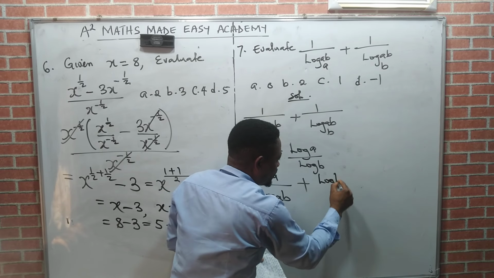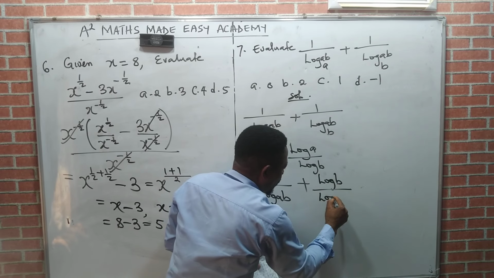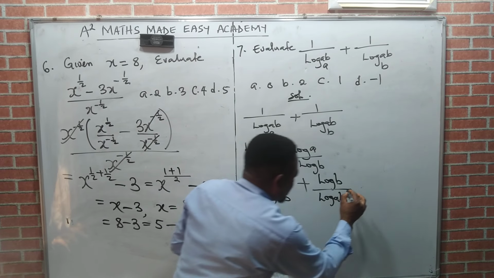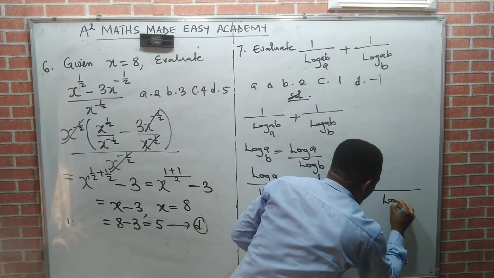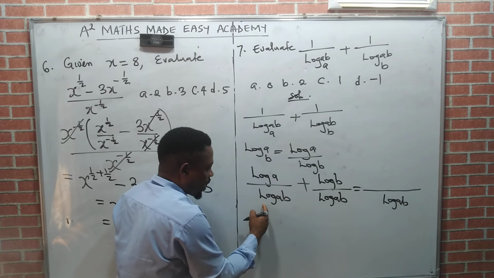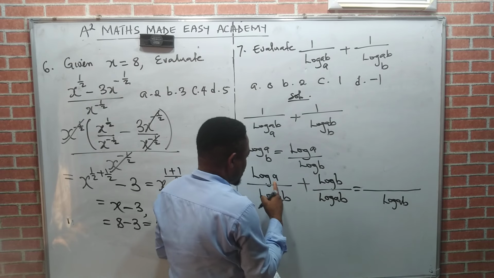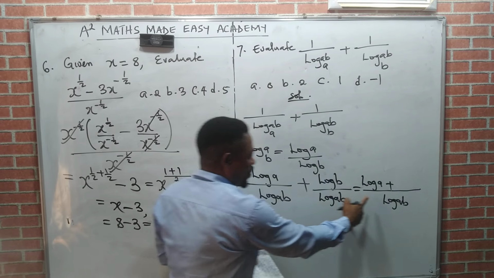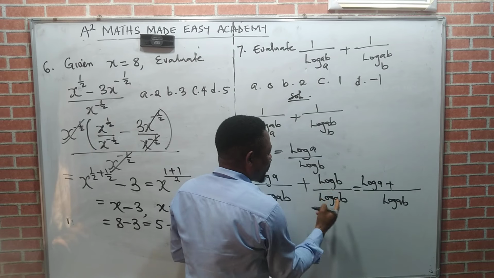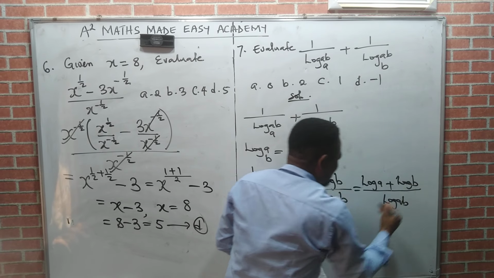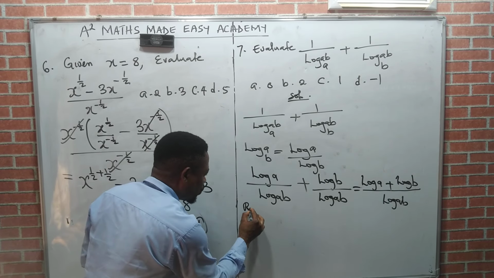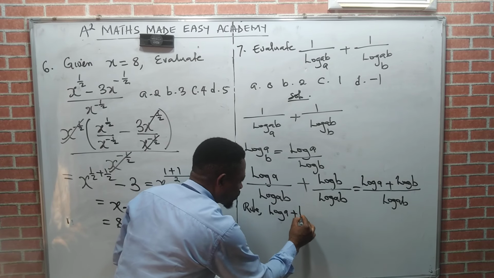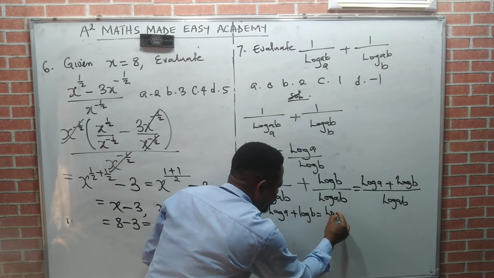I will have log B over the same log AB. Then what do we do? I will now take the LCM, which is log AB. Log AB divided by log AB is 1, so 1 times log A is log A. Then log AB over log AB is still 1, and 1 times log B is log B. Then obey another rule: when you have log A plus log B, it is multiplication, so call it log AB.